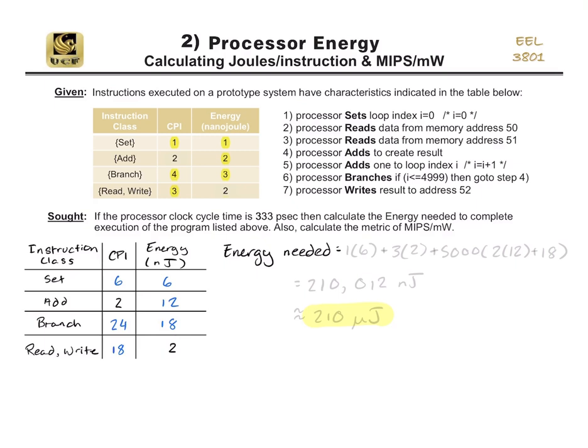With question 2, we're asked to calculate the energy needed to complete the execution of the program. Based on these instructions, the program will execute one set instruction, which will need 6 nanojoules, 3 read or write instructions, which require 2 nanojoules, plus a loop that will be iterated 5,000 times, and this loop has 2 add instructions and 1 branch instruction.